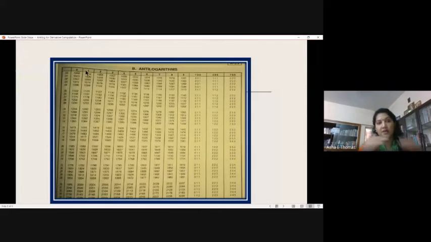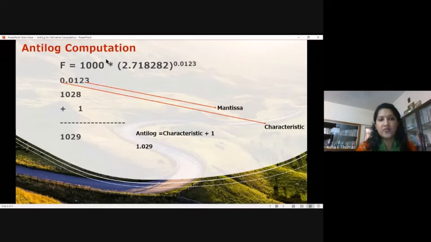This is the first part of the anti-logarithm table. It just continues, you have till 100. I just took the first part of the anti-logarithm table, and in that, the first part of our decimal is 0.01.